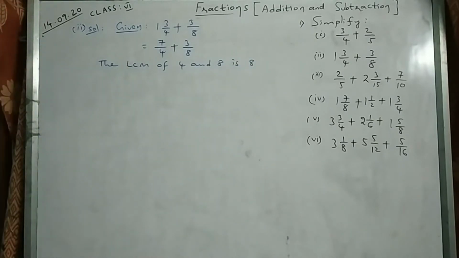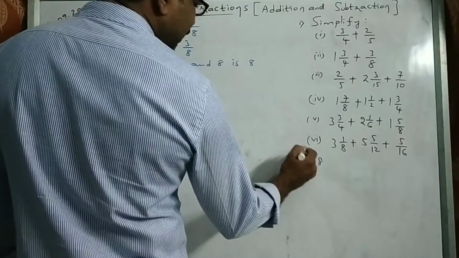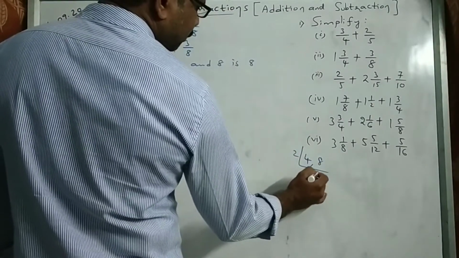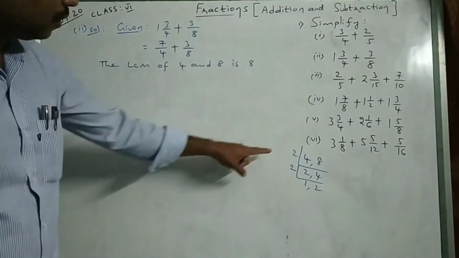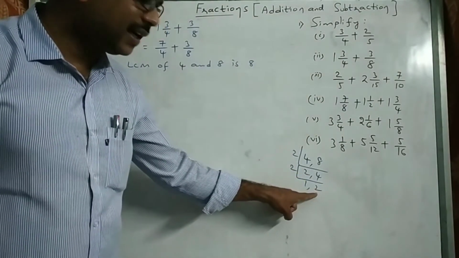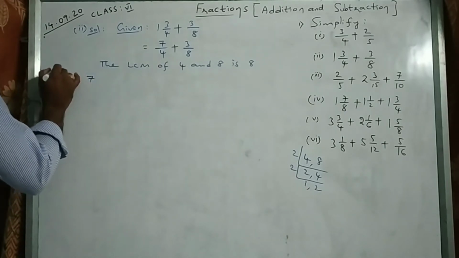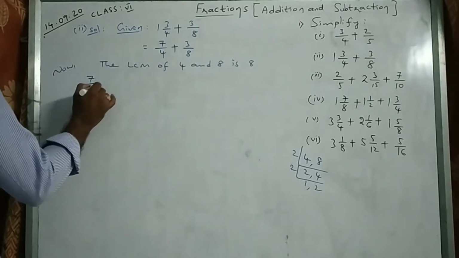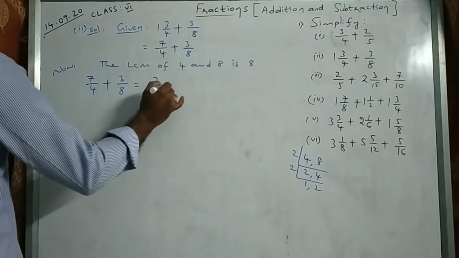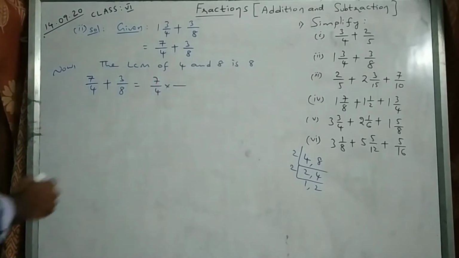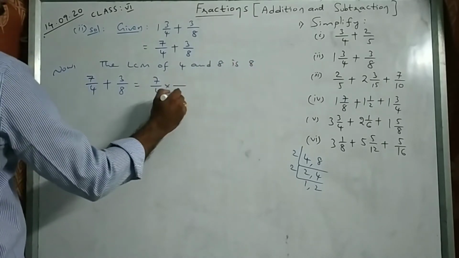You know the method. 8. You find out 4 and 8 LCM, I told you. 2 2s are 4, 2 4s are 8. 2 1s are 2, 2 2s are 4. So, 2 2s are 4, 4 2s are 8. That is the method of finding. Now take 7 by 4 plus 3 by 8 is equal to 7 by 4 into 4 should be multiplied by what number to get 8? 4 2s are 8.